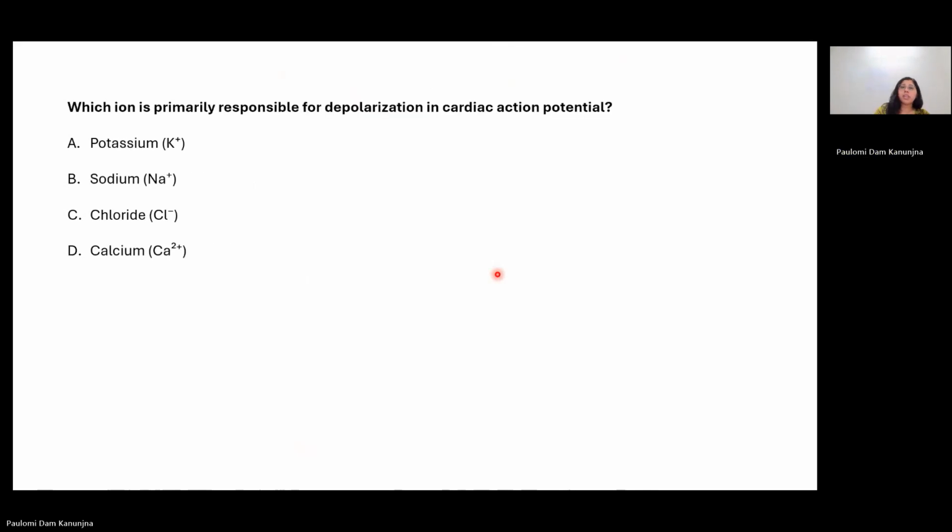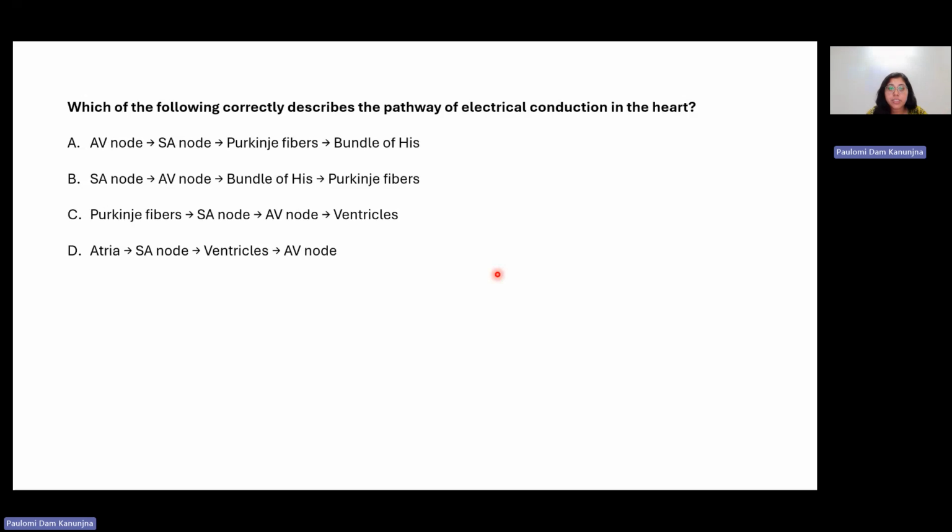Okay. Coming back to polarization and depolarization, which ion is primarily responsible for depolarization in the cardiac action potential? We know this already. It's always sodium ions, for most cases.